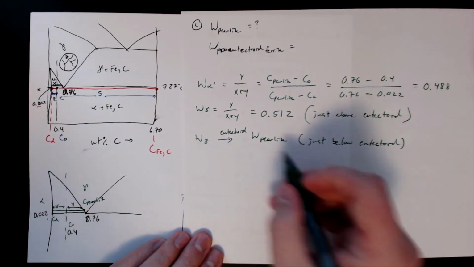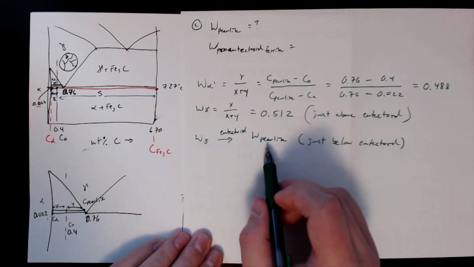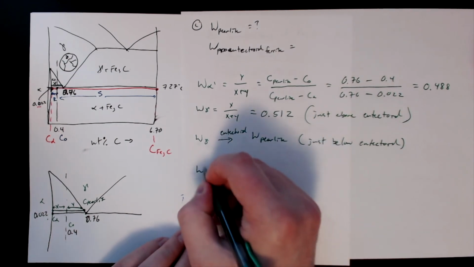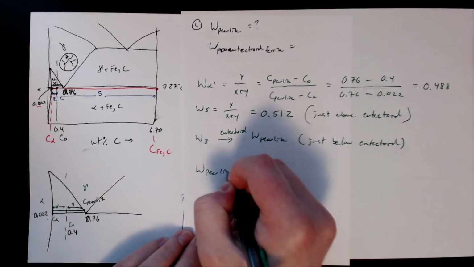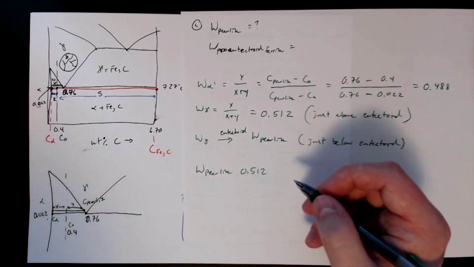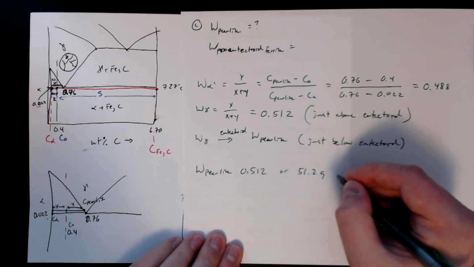And so if I calculate the amount of gamma, it means I also know the amount of perlite below the eutectoid. And so my amount of perlite is 0.512, or since we're talking about 100 grams, it means 51.2 grams.